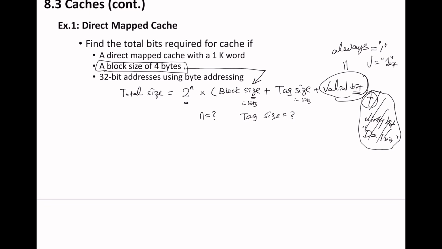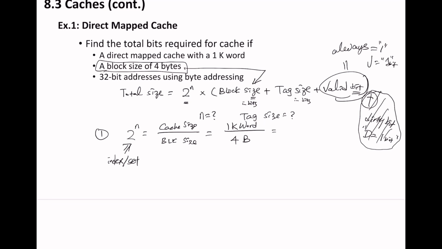Step number 1, how do you find the n? We know 2 to the n equals cache size over block size. What is the cache size? Total cache size is 1 kilo word over block size 4 bytes. Why is this? Because this 2 to the n will give us the total number of index or sets required for that cache.